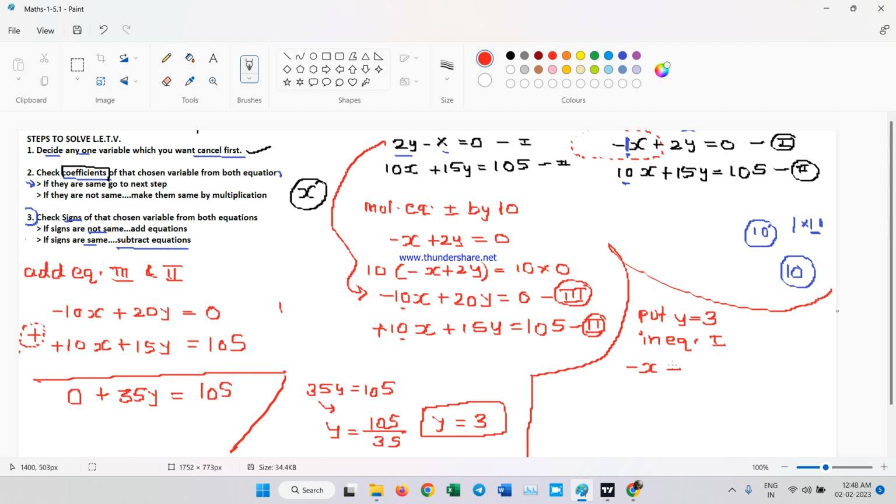So this is equation 1. Let's put the value of y, guys, come on. There is a multiplication, 2 into 3, 2 3s are 6, and then send the 6 to that side. That will become minus 6, and then you can cancel the minus sign on both sides, so you will get the answer x as 6. This is how we are going to solve this sum.